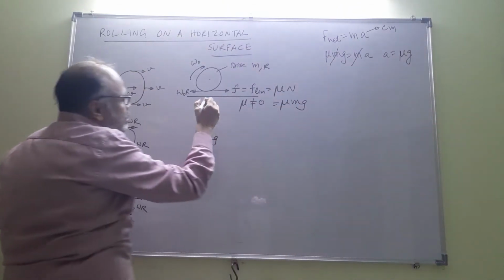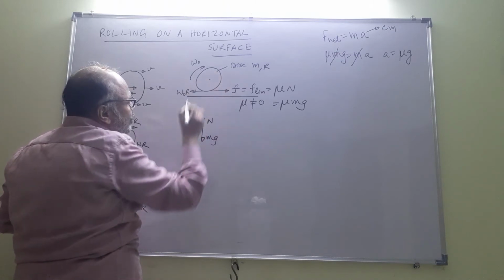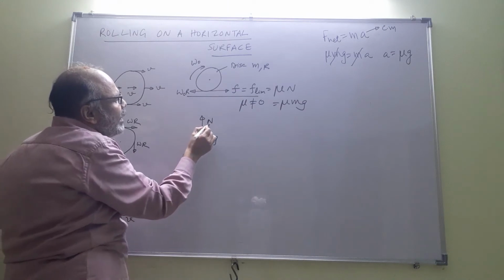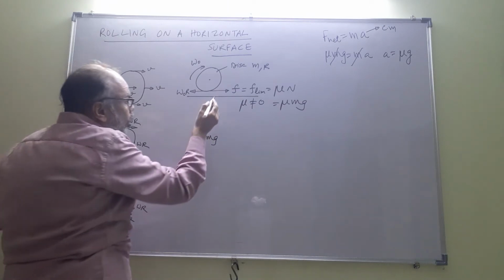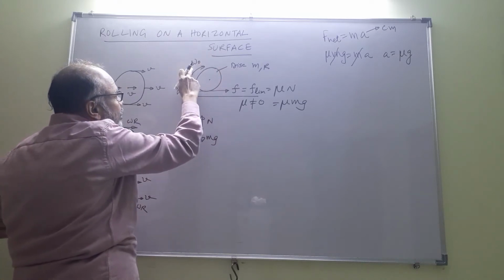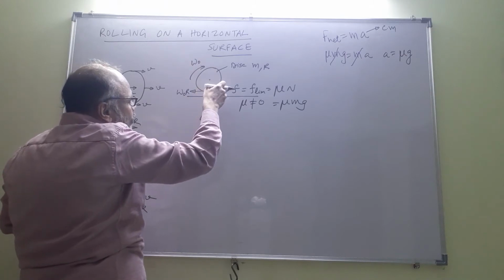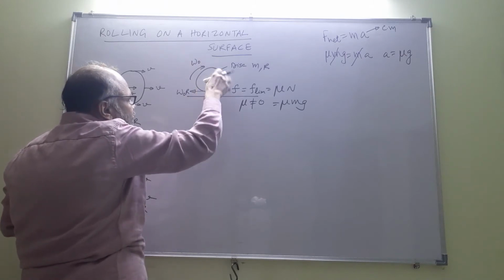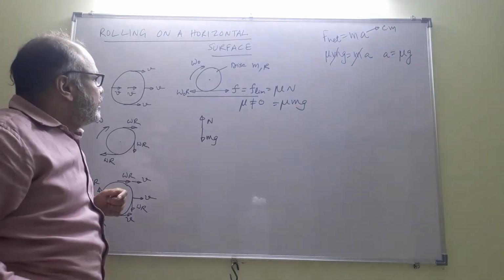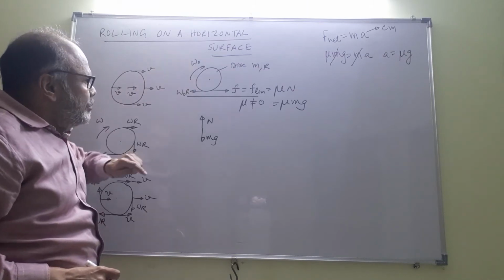Now this frictional force will cause a torque about the center of mass because it is not passing through the center of mass, unlike N and mg. The torque would be in the anti-clockwise sense, opposite to the direction of omega naught. Omega naught is clockwise, and the torque of F is anti-clockwise. So there will be a retarding angular acceleration, and omega naught will decrease.